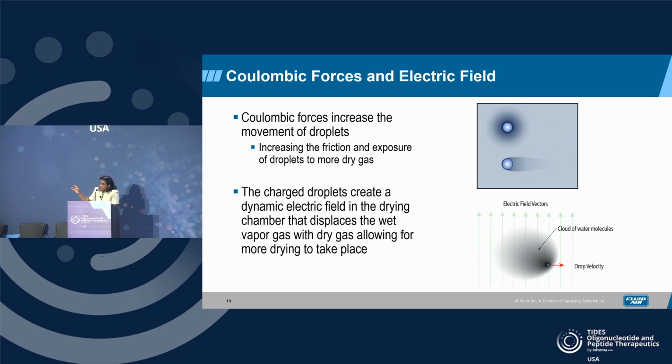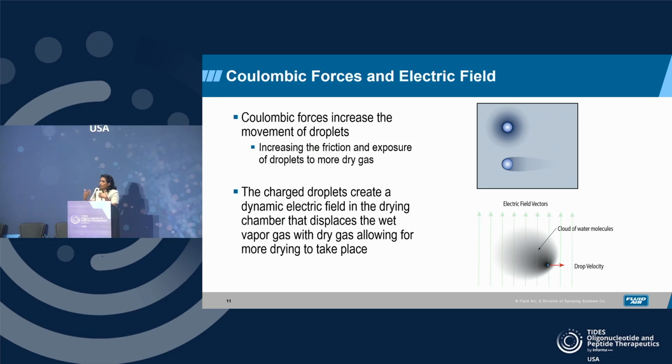And the second thing is these charged droplets, as they're drying, are giving off the charge, thus leading to the development of an electric field, which is live and breathing, a dynamic electric field within the drying chamber that also contributes to displacing that wet vapor with the dry gas, thus allowing for more drying.